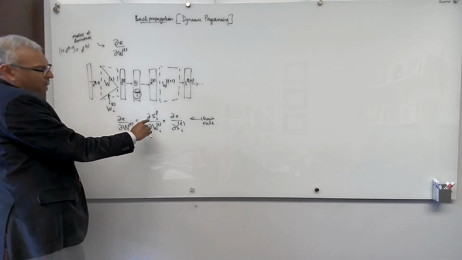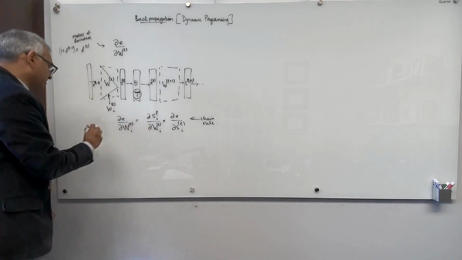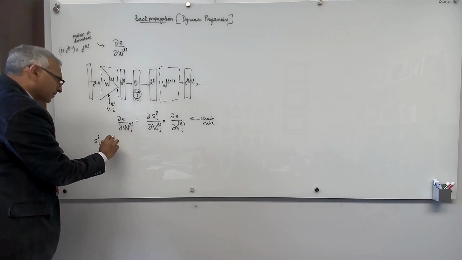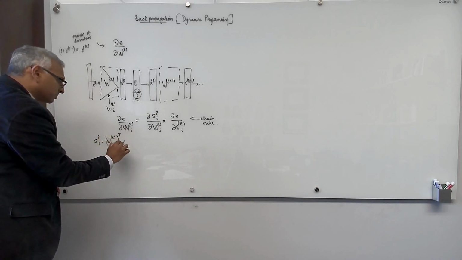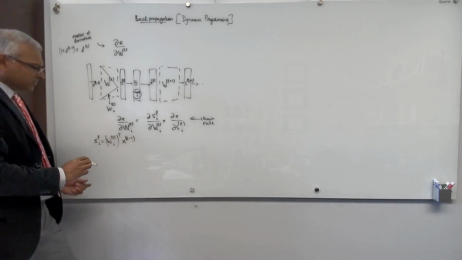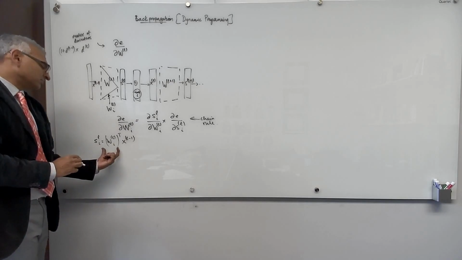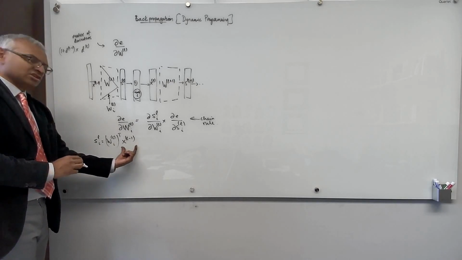Okay. So this guy here, what is the signal? S_L^i is equal to w_L^i transpose x_{L-1}. Okay, so this is the linear signal. And we're trying to compute the derivative of the signal with respect to the weights. So the derivative is just going to be the coefficient.